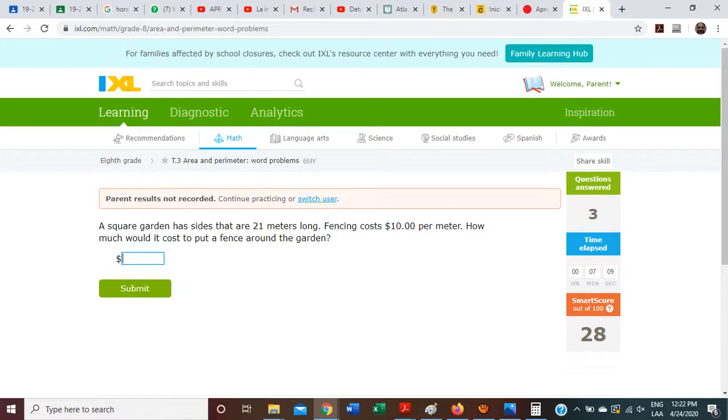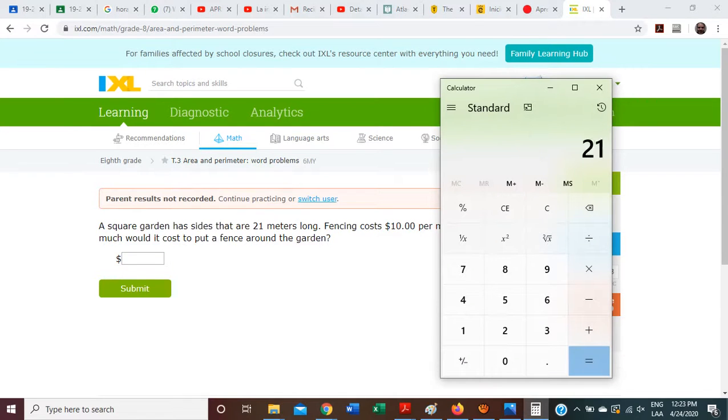We need to put a fence around the garden, so we need to get the perimeter, all the surrounding area. So we are not going to get the area, but the perimeter. So we multiply 21 meters per side times 4 equals 84. Now it's 84 meters.